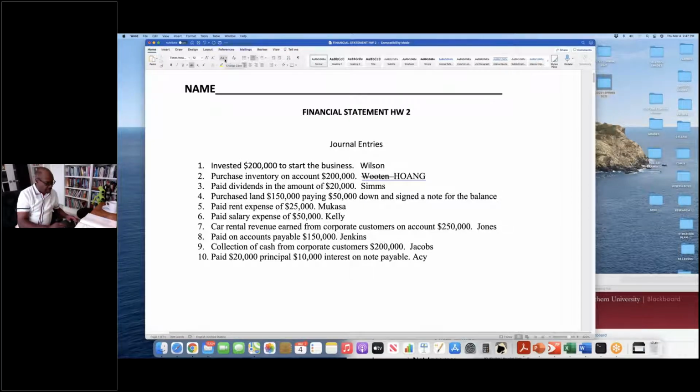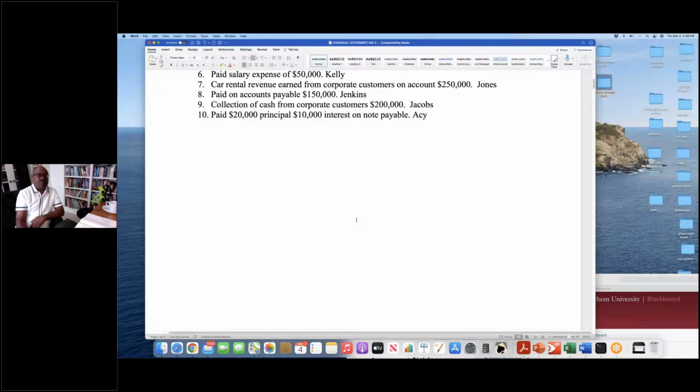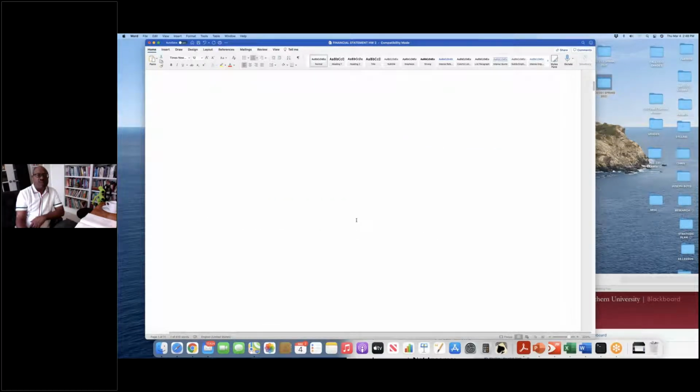So you put land, 150,000. Cash. Oh, it's 7 and 12.